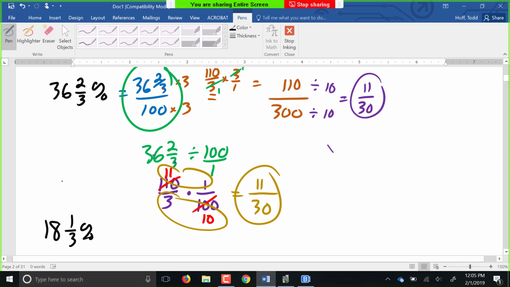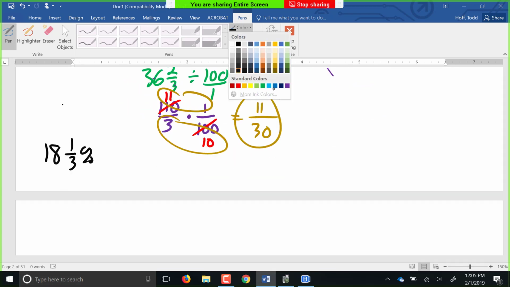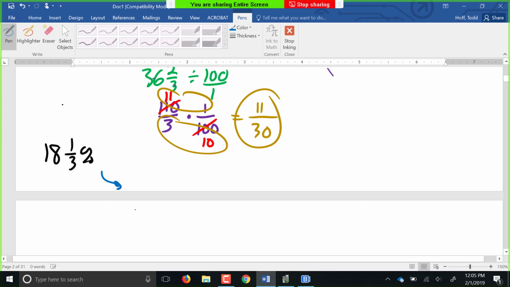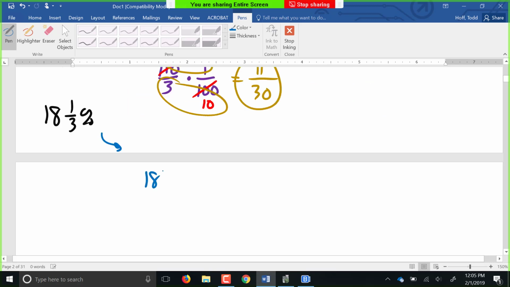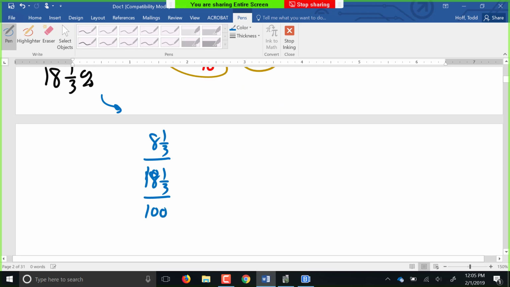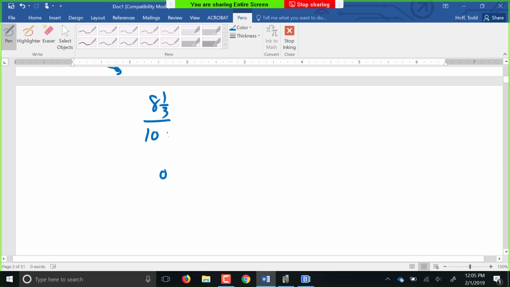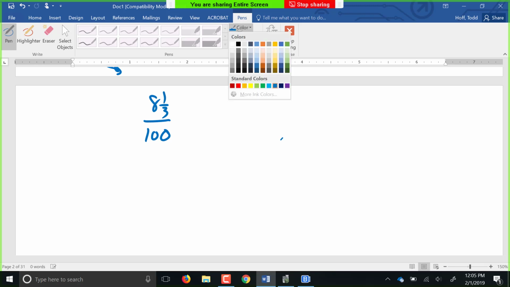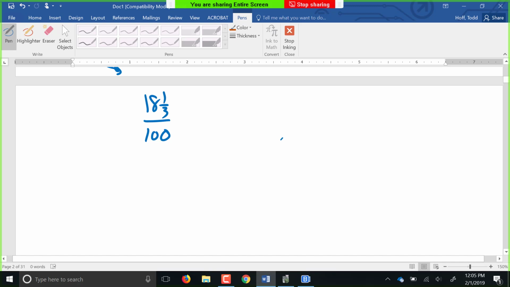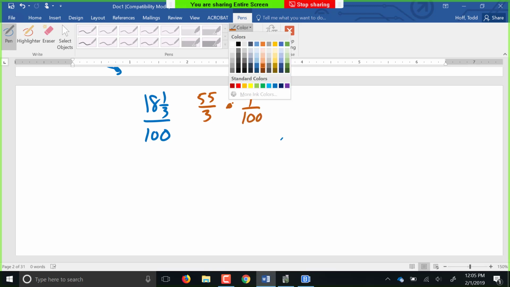So that becomes 18 1/3. I'm going to move it down a notch here. That becomes 18 1/3 over 100. What'd you do with it from there? Perfect. So you divided it out. You turned it into multiplying by the reciprocal. Perfect.